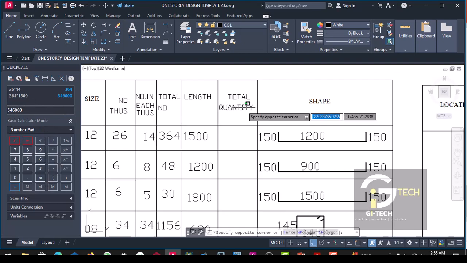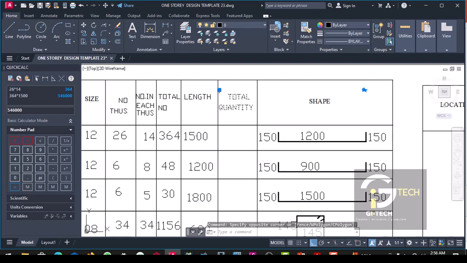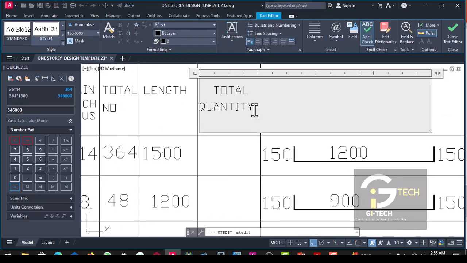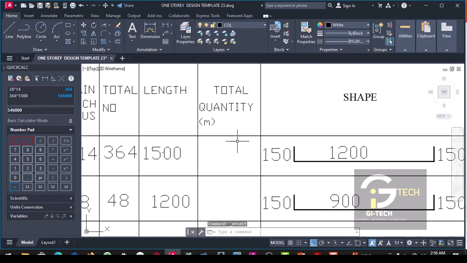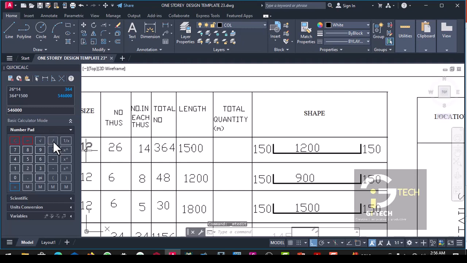Let us break this, let us make this in meter. So we divide this by 1000. This will give us 546 meter.